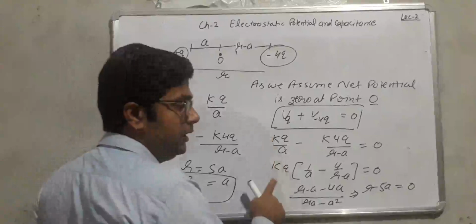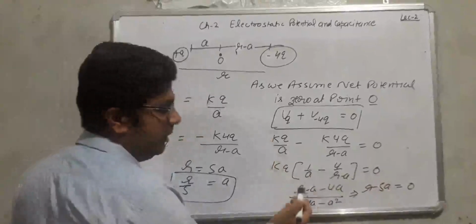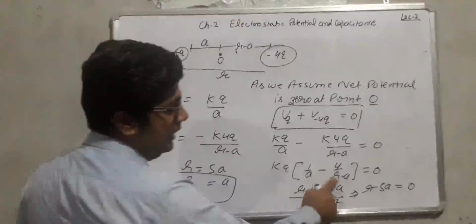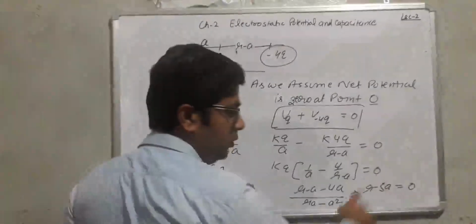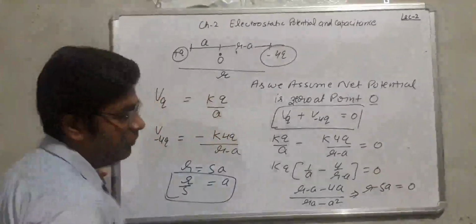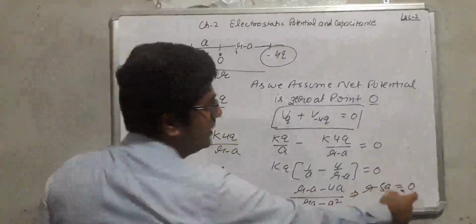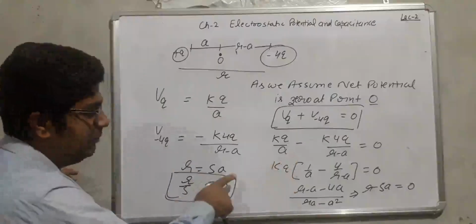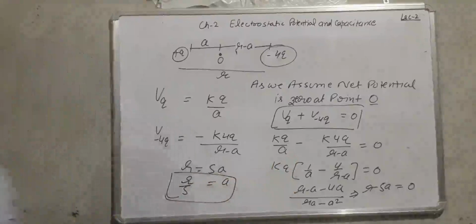After that we can take kq common, and it becomes 0 on that side. Now taking the LCM, r minus a minus 4a divided by a into r minus a square. This part also becomes 0 by cross multiplying. So it becomes r minus 5a is equal to 0. So 5a goes to that side, it becomes plus, so a is equal to r by 5. Like this you can solve it.